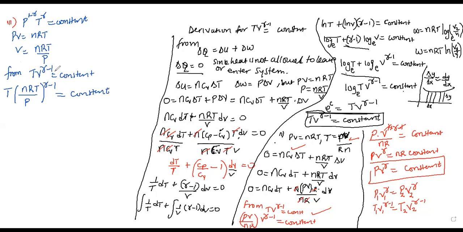Algebra here is needed. There is a T to the power 1, there is a T to the power gamma minus 1, and (nR)^(gamma minus 1). It is a constant, you still get a constant, over P^(gamma minus 1) is equal to a constant.